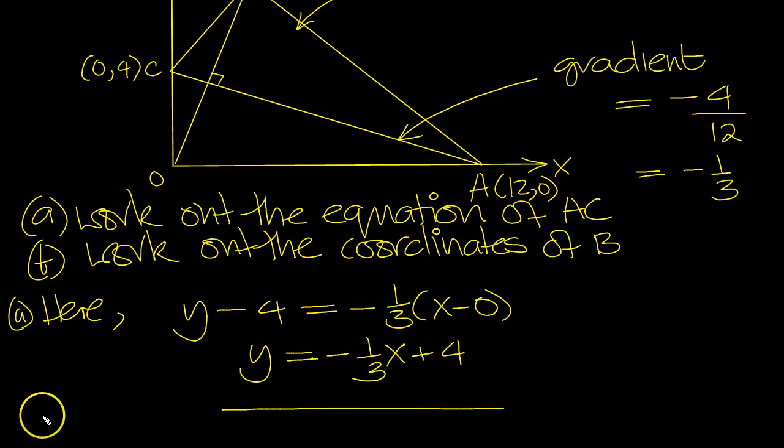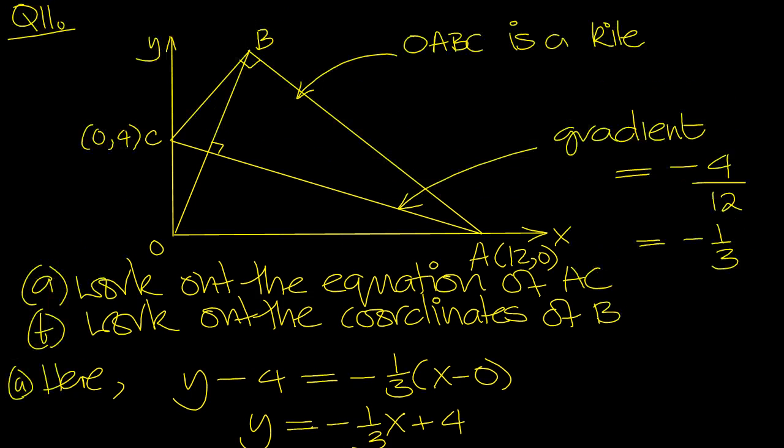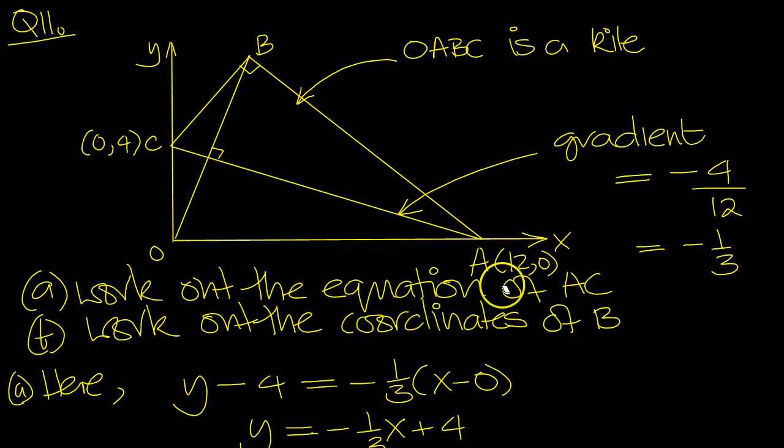Part B, work out the coordinates of B. So let's have a look at that then. Let's go back up to the diagram. Right. So how do we get B then? Okay, it's a kite.